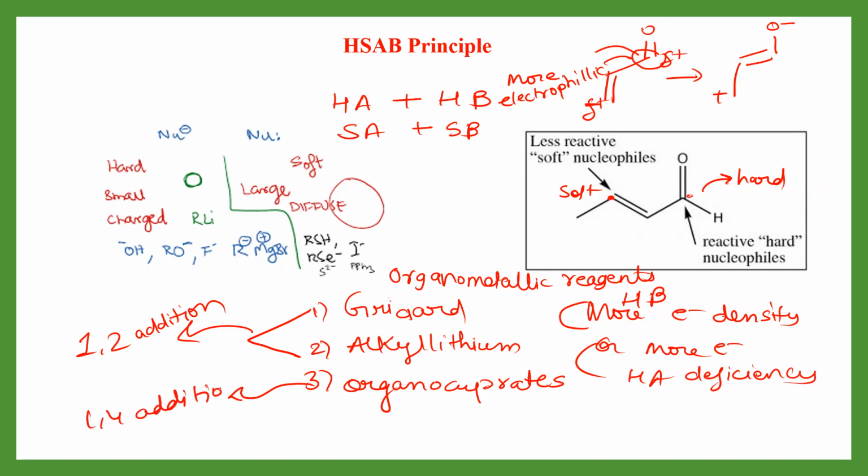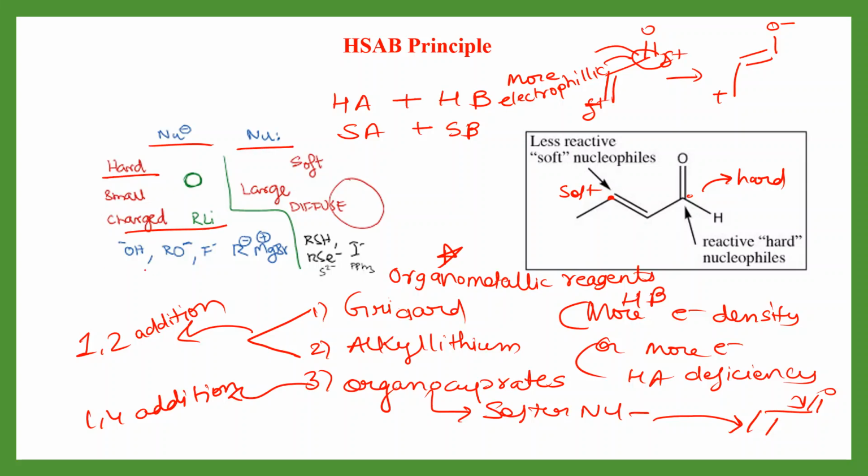Why? Can anyone tell me? You should know that cuprates are relatively softer nucleophiles. So they will attack on this position, while organolithium and Grignard will attack on this position. So this is the take home message from this slide, and you may see that some nucleophiles with small charge, OH negative, RO negative, all come under hard nucleophiles.